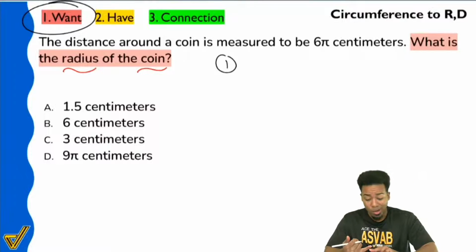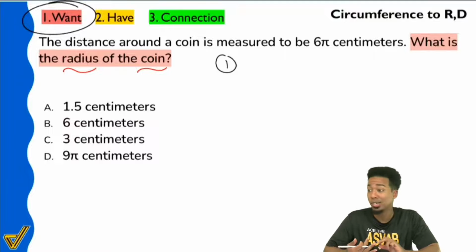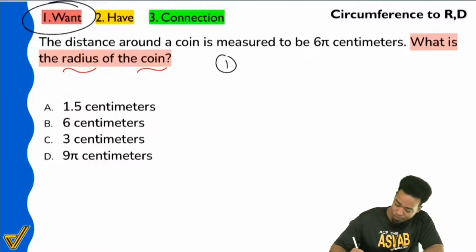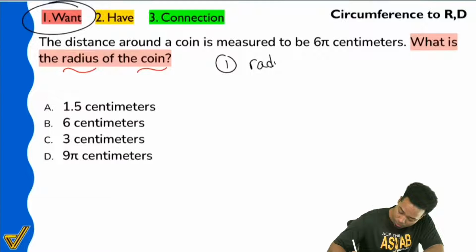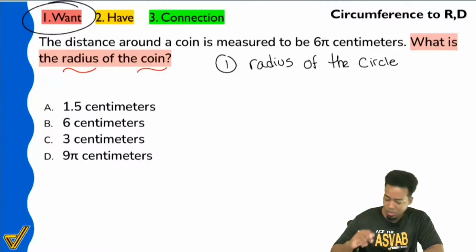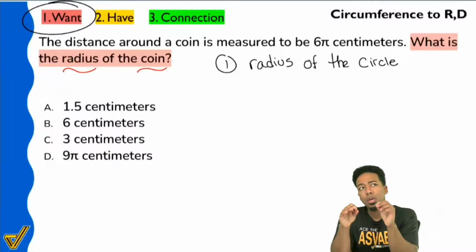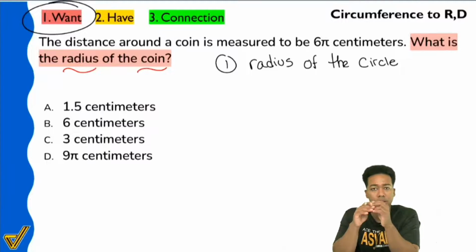They could say coin, they could say circular table, they could say wheel, they could say whatever. The fact of the matter is, you're talking about a circle. Keep it factual. So we want the radius of the circle.